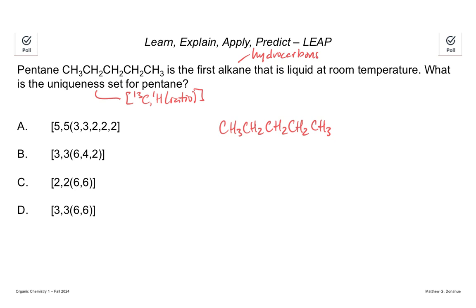I said it was an alkane, and this means functional group. And so a lot of what we're going to do in Module 1 is understand the different functional groups in organic chemistry. So an alkane has carbon-carbon bonds and carbon-hydrogen bonds.